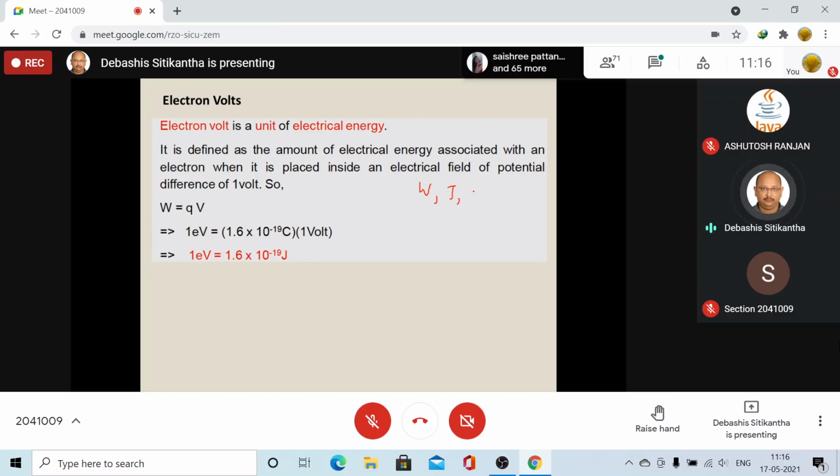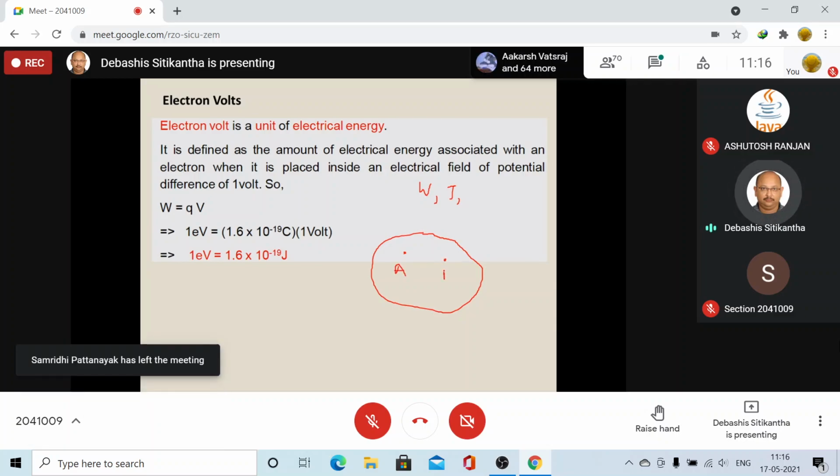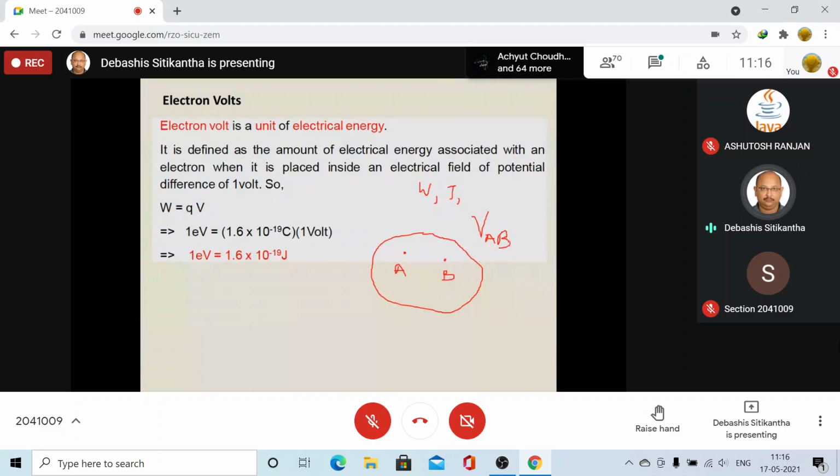Now, what is this electron volt? Very simple. Suppose there is an electric field, and in this field I have a point A and a point B. The potential difference between A and B, VAB, is equal to 1 volt, let us say.